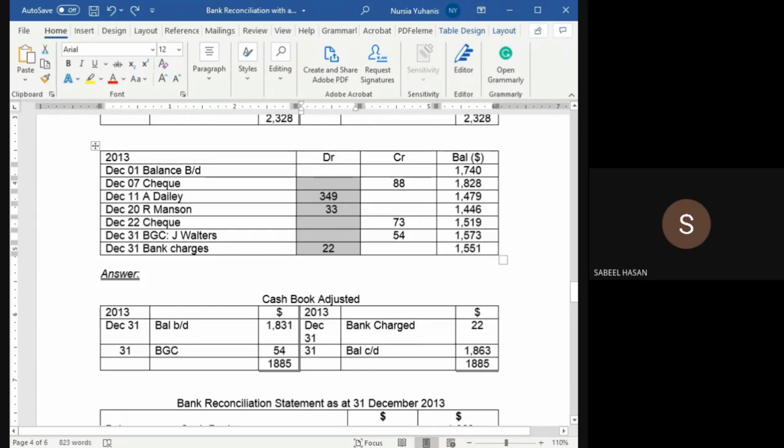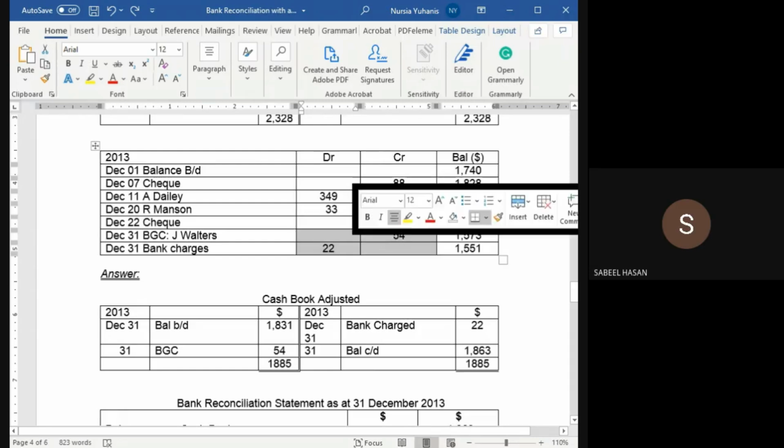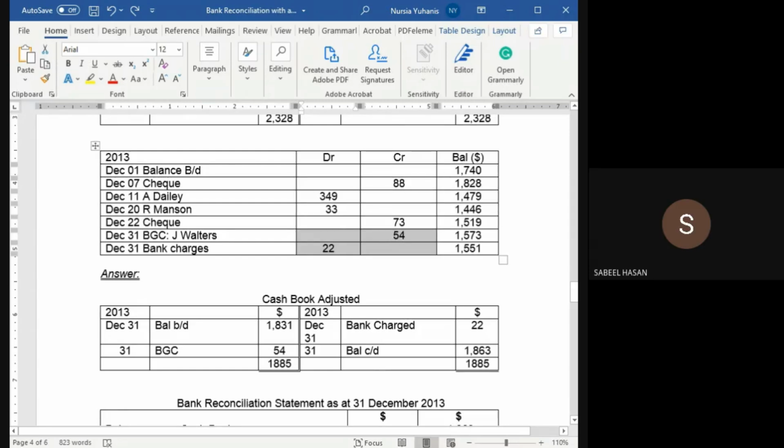So the 22 on the debit side will appear on your credit side, and this 54 credit will go to the debit side of the cash book. So you plus these two and minus this, and balance CD will become 1863.